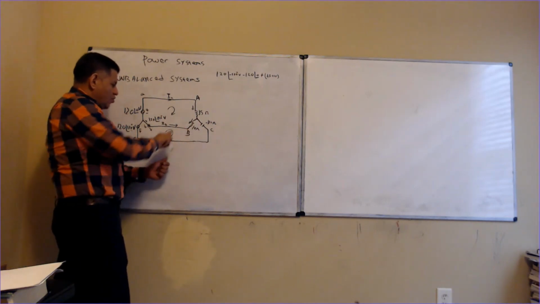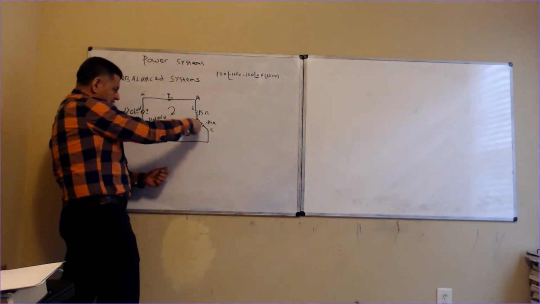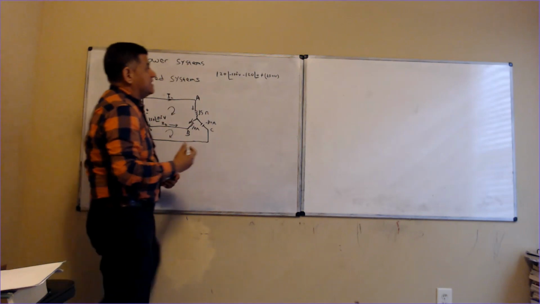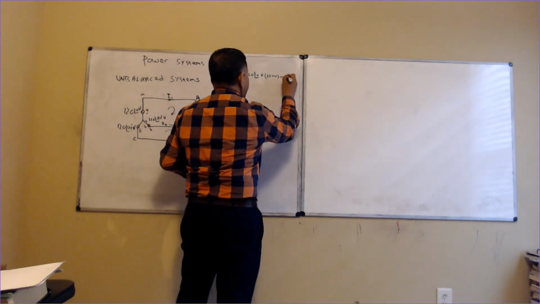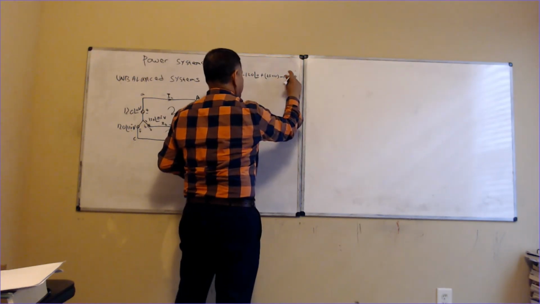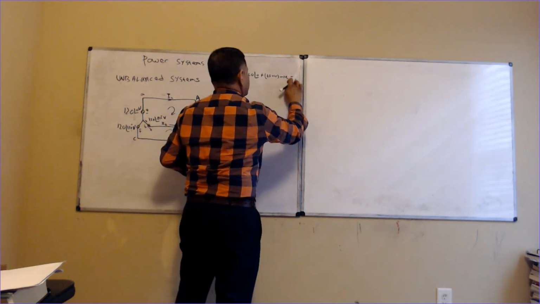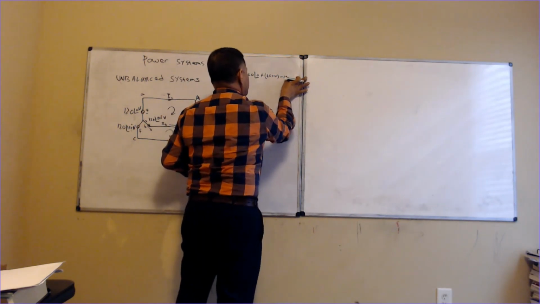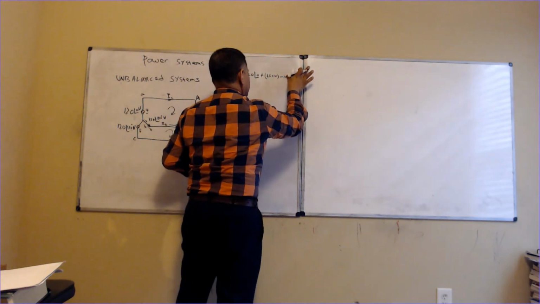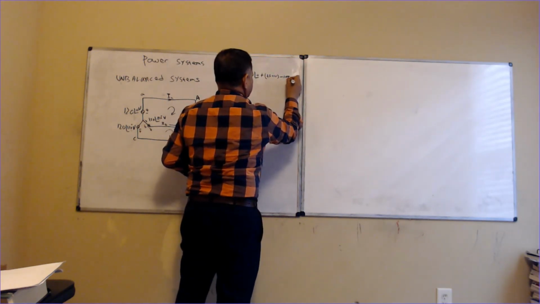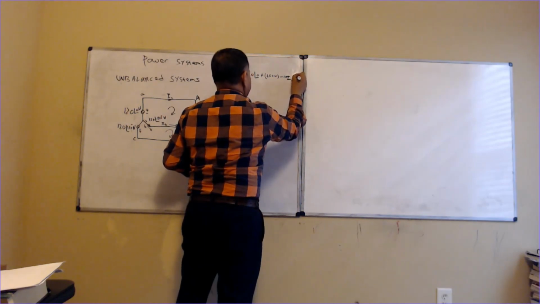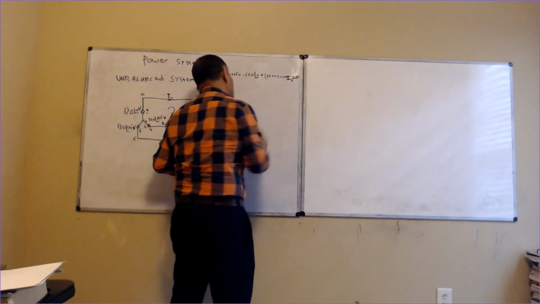This one I'll assume goes like this and comes back, so it will be negative 10 I2 equals 0, right?